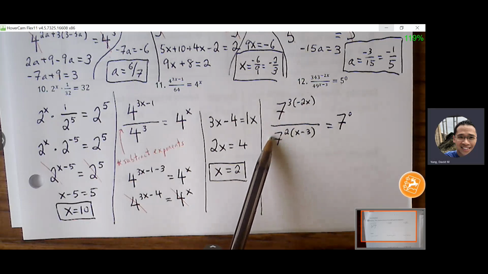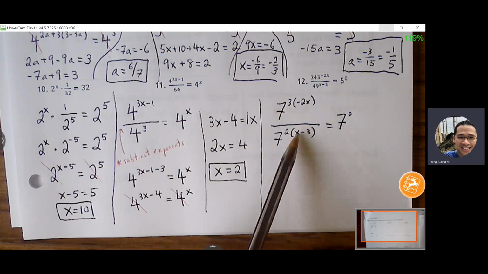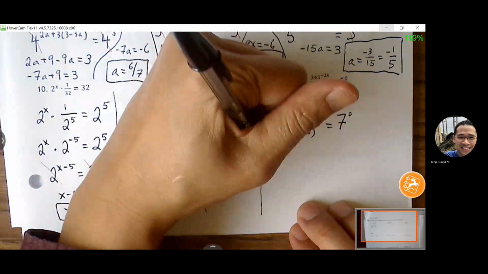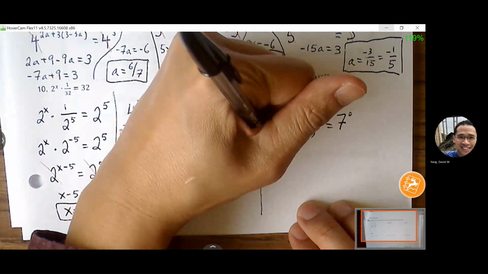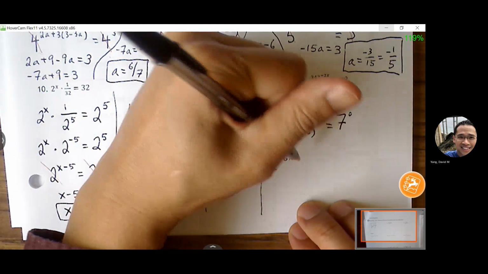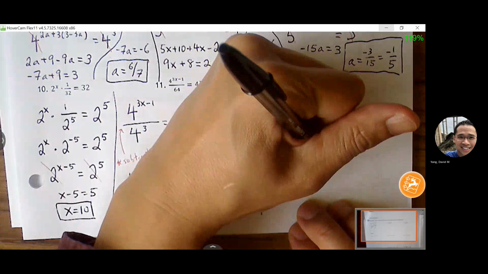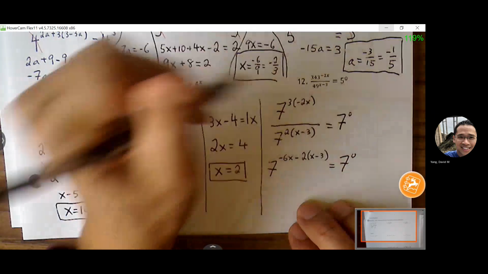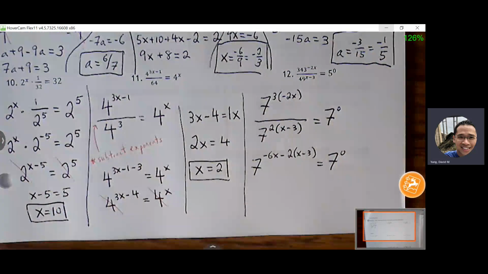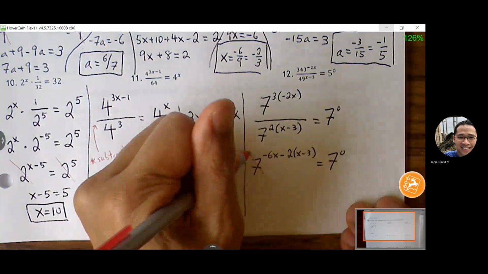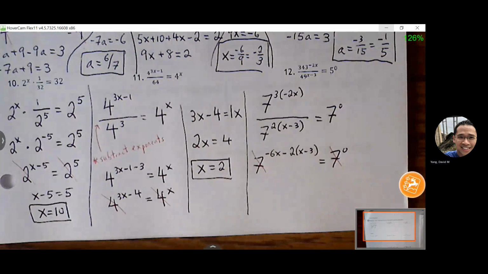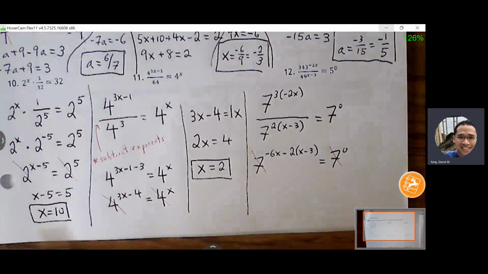Base divided by a base means we can subtract exponents. Now that the bases match, I can make them go away and just focus on my exponent.